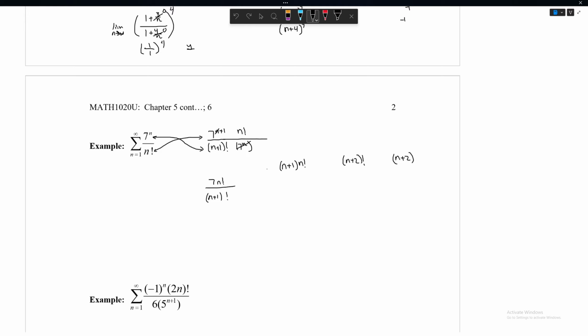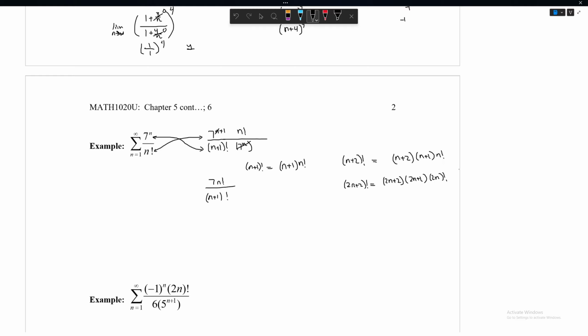Now, if I got (2n plus 2) factorial, this will equal (2n plus 2) times (2n plus 1) times (2n) factorial. Or I believe it goes like that, something like that.